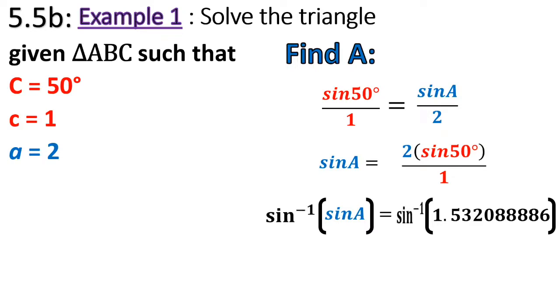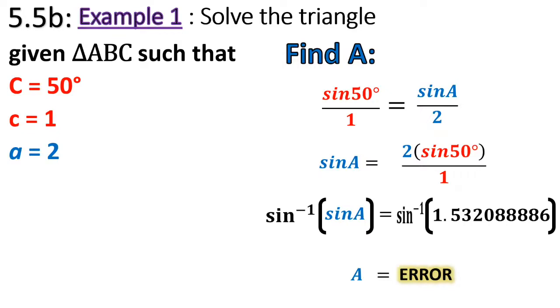By applying inverse sine to sine of A, we get A, and using our calculator in degree mode, the inverse sine of 1.532088886, we get an error. Why would this happen?